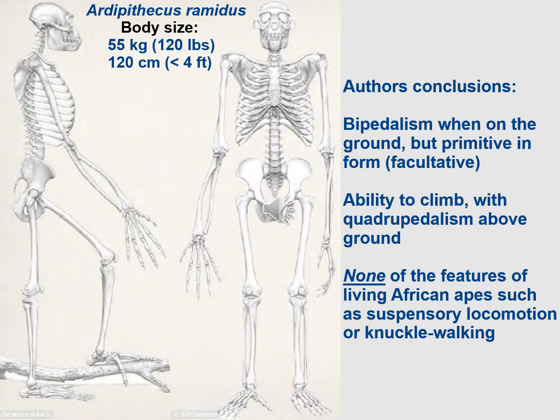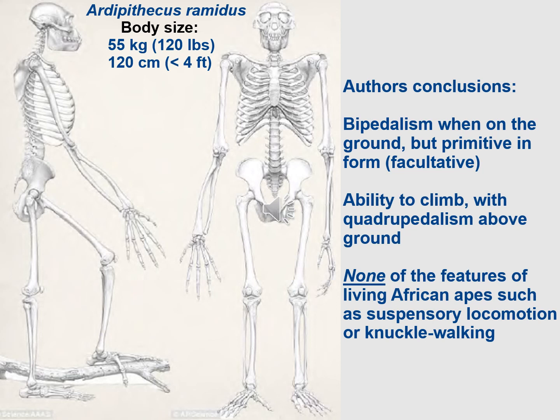What the authors have done here is reconstruct a creature that has the loss of the honing facet, but then has these very primitive indicators for bipedalism that they termed facultative.